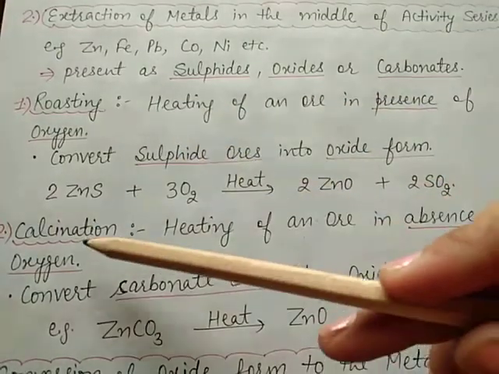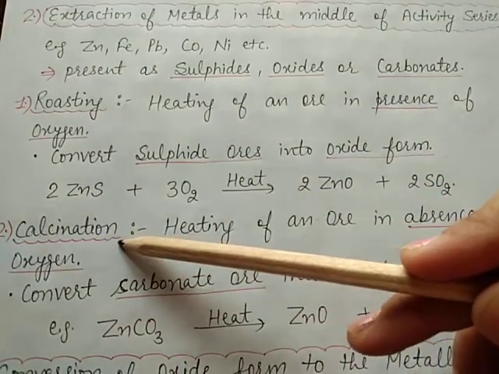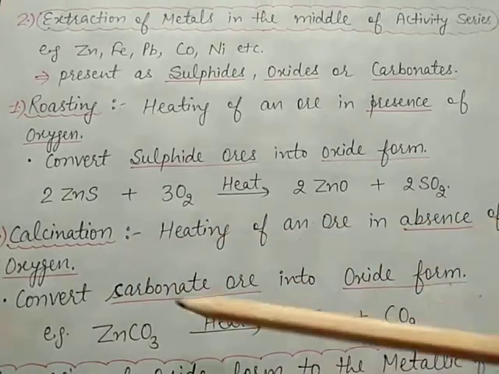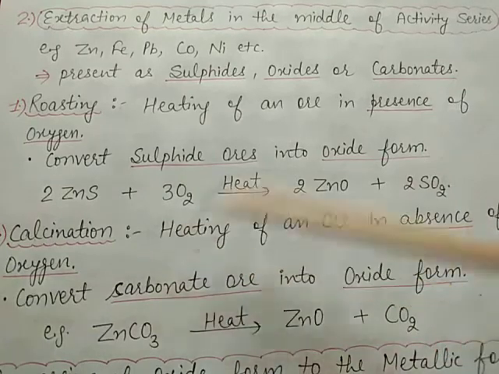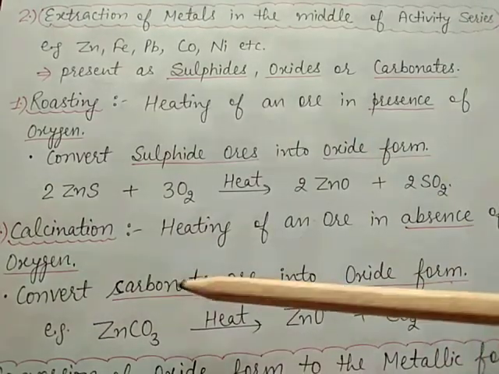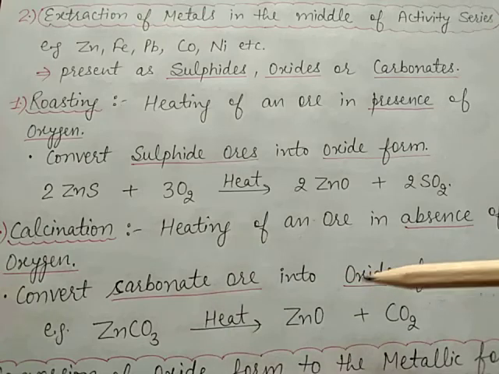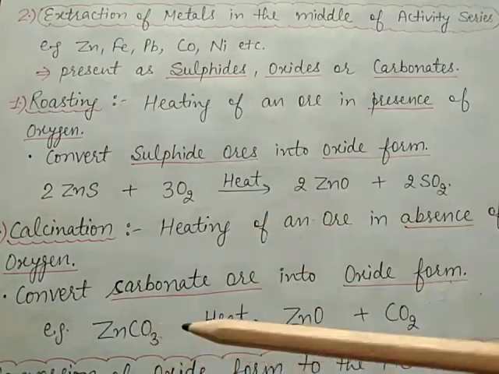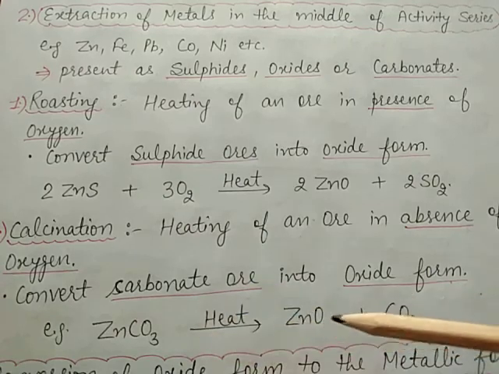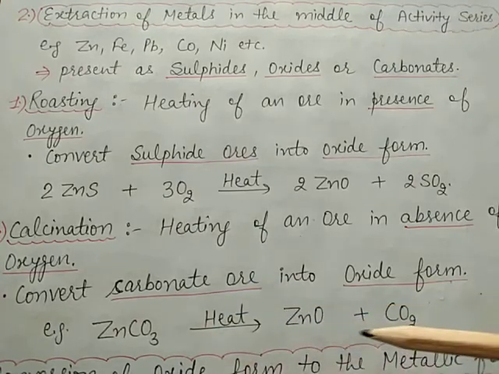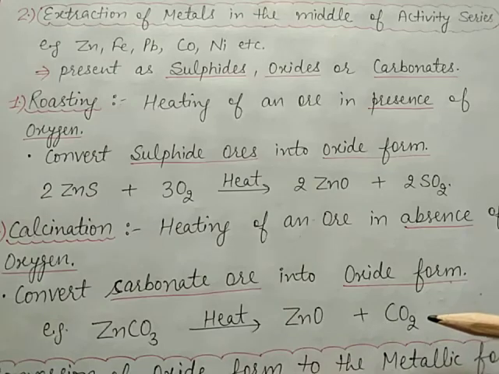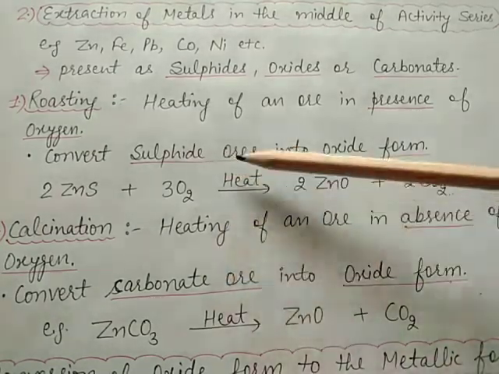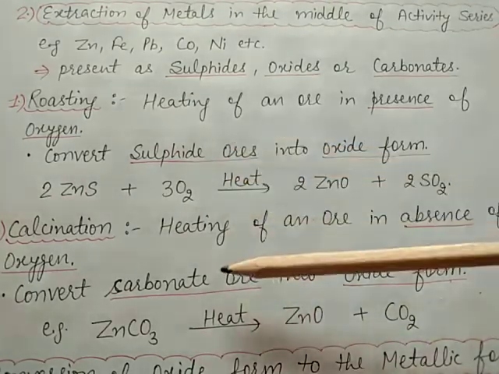Now the second type is calcination. Calcination means heating of an ore in the absence of oxygen. It converts the carbonate ores into oxide form. Example is zinc carbonate. After heating, it will form zinc oxide plus CO2 gas is released. So these are the main differences between roasting and calcination.